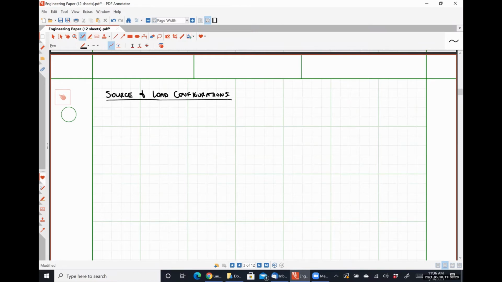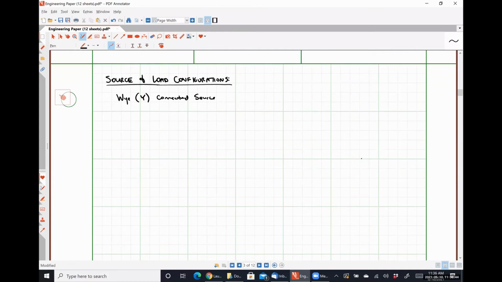So we will start by talking about a Y-connected source. You might see it some places as WYE. Other places you will literally just see it as the capital letter Y, okay? There are a couple of different ways to draw it.